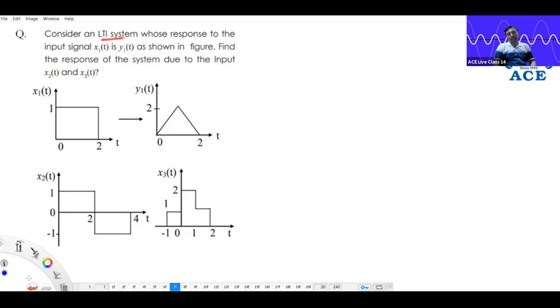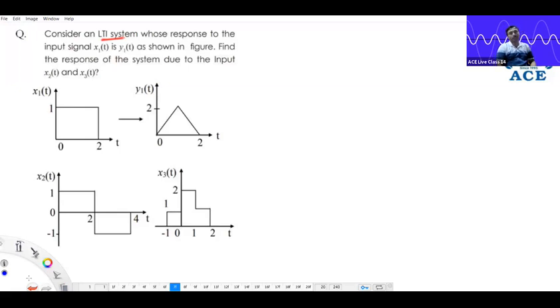Whatever relation holds for the input, the same relation is equally true for the output. Try to express the relation between x2 of t and x1 of t, and automatically you will get the output.